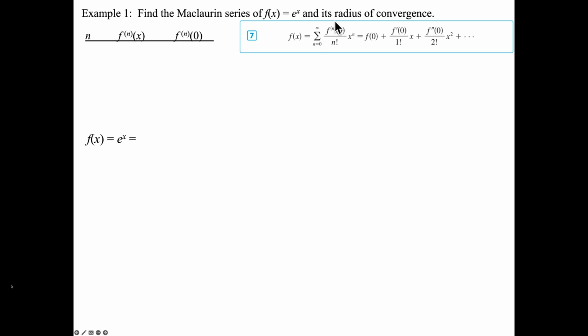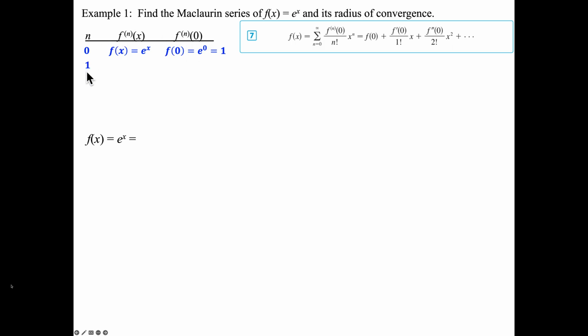So first, example 1: find the Maclaurin series of f of x equals e to the x and its radius of convergence. Okay, so here's the beginning of my Maclaurin series by definition. What I need to do first is find a bunch of these derivatives so I can see the pattern. When n is equal to 0, we're looking at your original f of x, which is e to the x, and e to the 0 power is equal to 1.